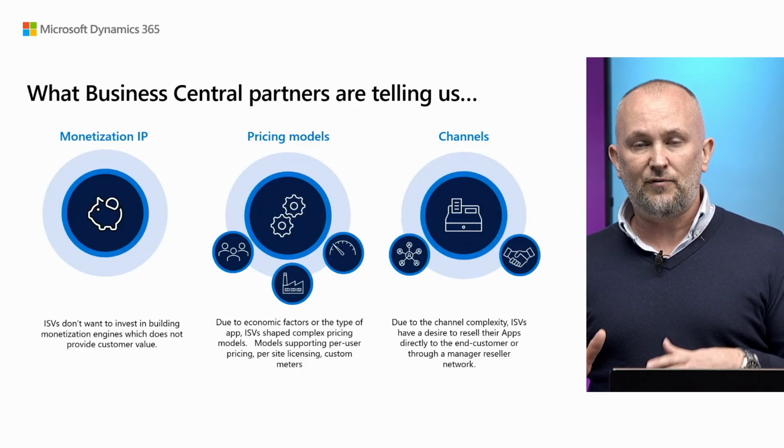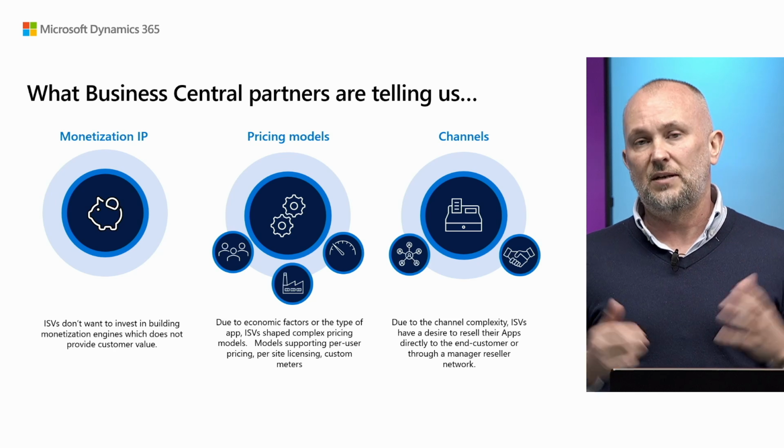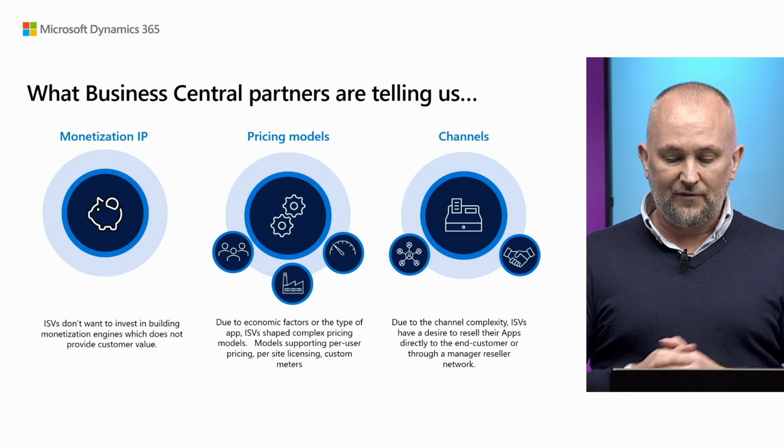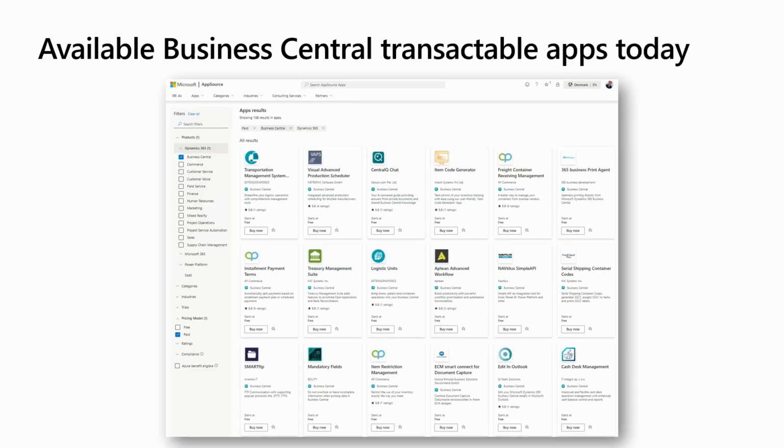Lastly, we also see quite a few ISVs telling us that they want to use not only Appsource but also the CSP network out there to bring their solutions to market. Some have a preference to use only one, and others want to use the combination of both. I explained at the beginning that we're not really at the start of this, because already 6 months ago, we launched the very first version of our transactability.